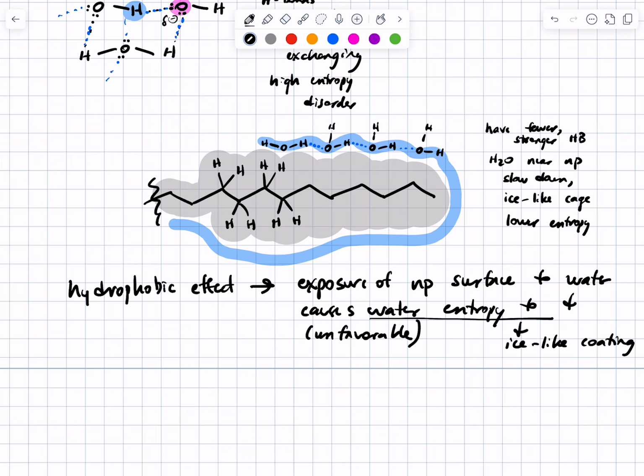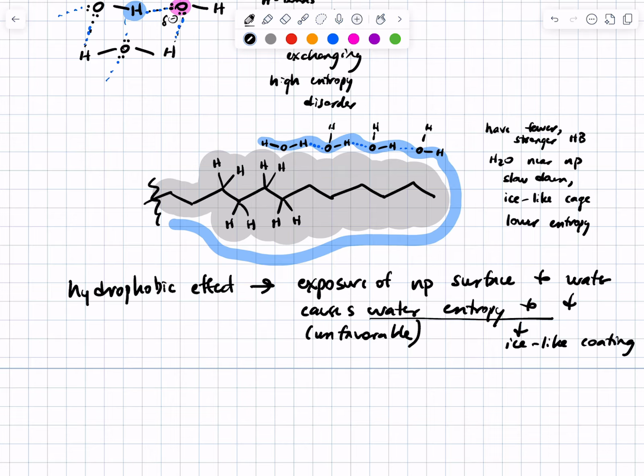Some people say, well, the hydrophobic effect comes from the fact that van der Waals interactions, or dispersion interactions, between the nonpolar groups are just so strong that water can't break them apart. That's wrong for many reasons, one of which is hydrogen bonding interactions are stronger than van der Waals interactions.